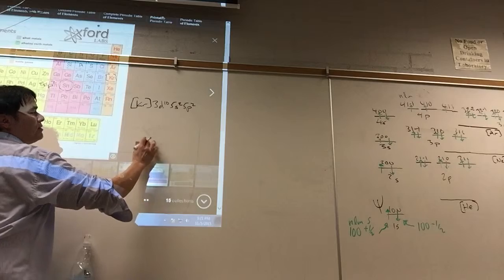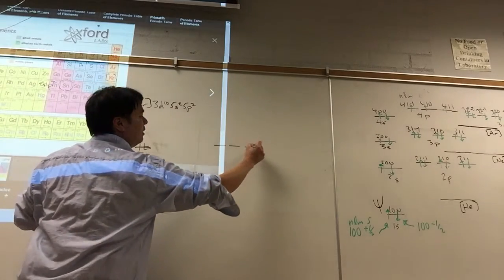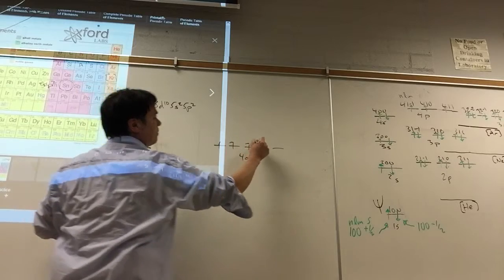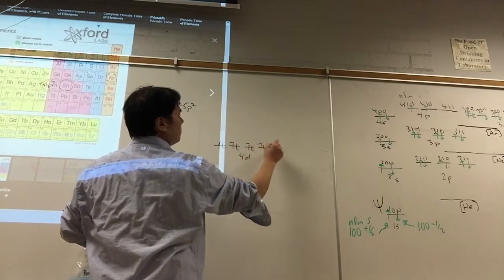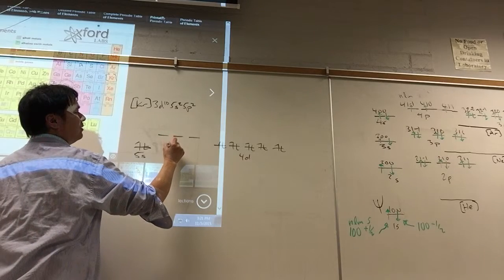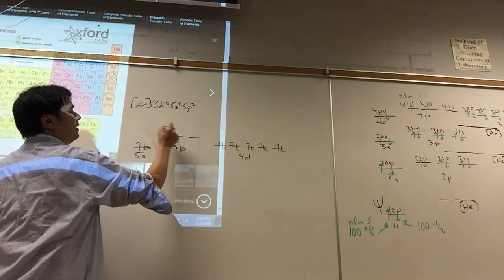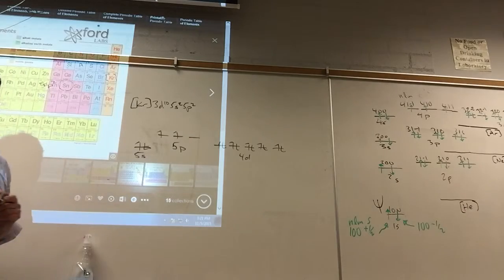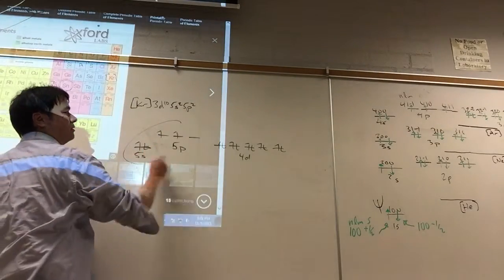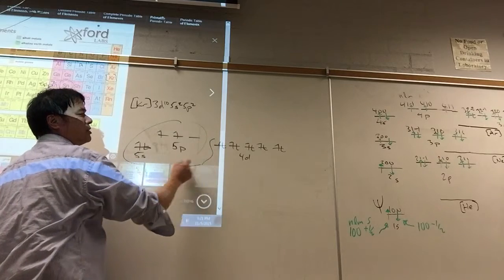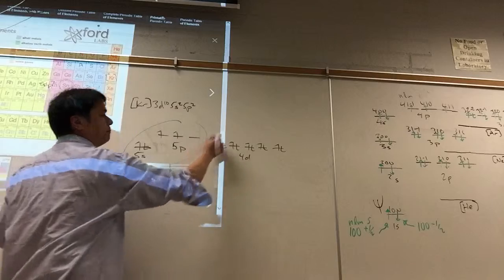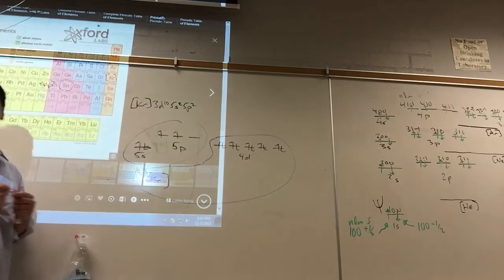So we fill the 5s first, and then we fill the 4ds, and then the 5p's come above that, like this, and so we got 5p with 2. It's kind of weird, but our valence electrons are these, and this would be part of the inner shell electrons, which goes with the krypton core down here, right?